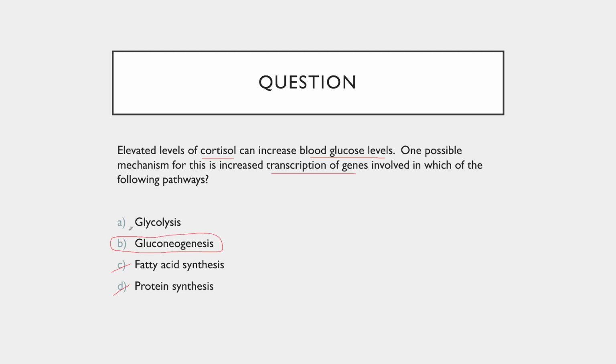So our correct answer here is B, gluconeogenesis. And what we'll see in subsequent weeks is that cortisol does in fact increase the transcription of genes involved in gluconeogenesis. Specifically, it will increase transcription of the gene product from PEP carboxykinase, which is involved in this pathway.